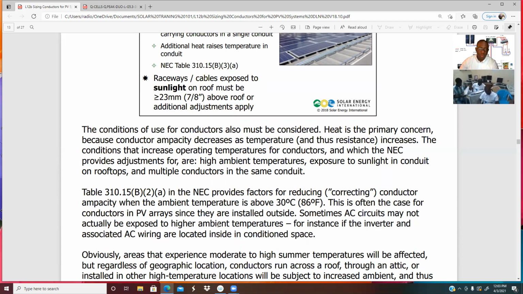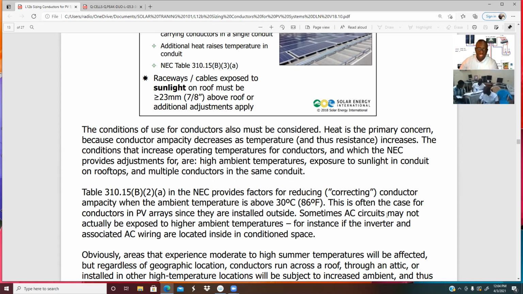Table 310.15(B)(2)(a) in the NEC provides factors for correcting conductor ampacity when the ambient temperature is above 30 degrees Celsius or 86 degrees Fahrenheit.